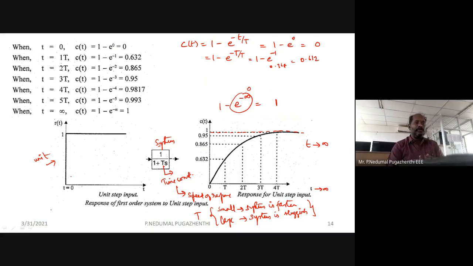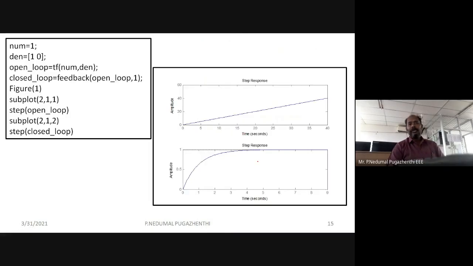So if you are providing a step input for the system 1 by 1 plus Ts, you will get a response like that. We have verified using MATLAB. This is an open loop system, that is, your system will be 1 by Ts.